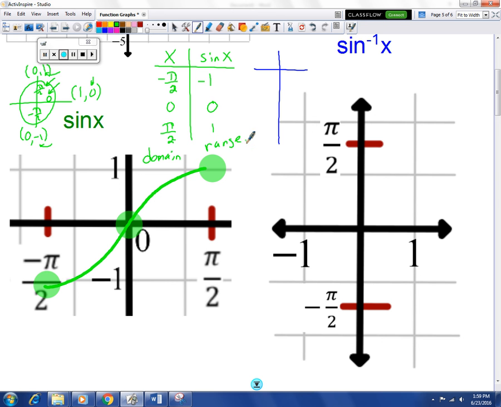When we do inverse sine, we change them. I put the negative 1, the 0, and the 1 on the left side, and I call that my x. Our inverse sine of x, our answer, would be for negative 1, negative pi over 2, for 0, still 0, and for 1, positive pi over 2.